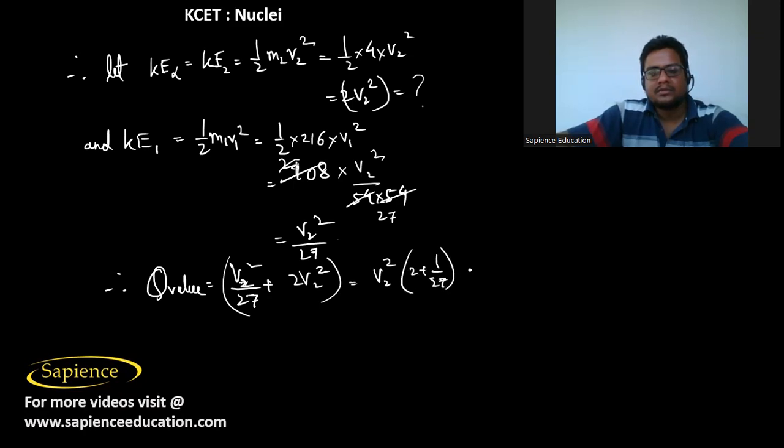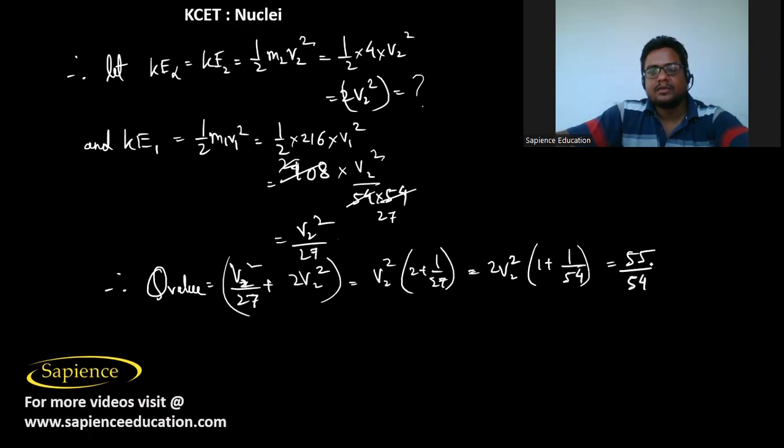So we can also say this is equal to 2V2 square into 1 plus 1 by 54. So this is 54 plus 1, 55 by 54.